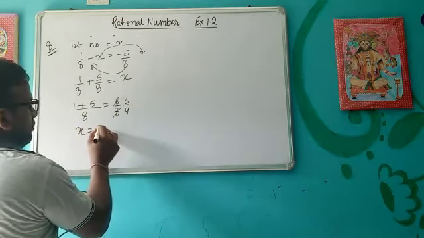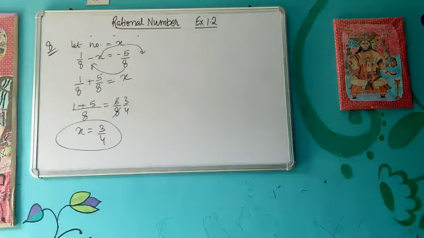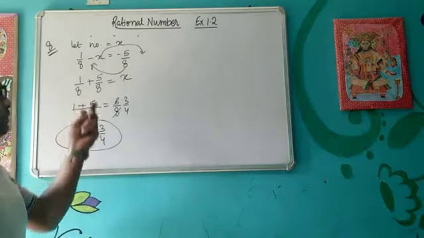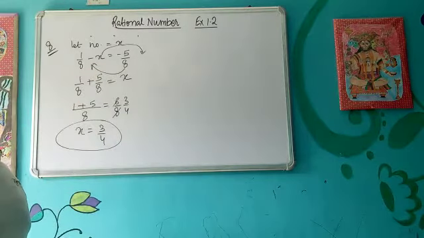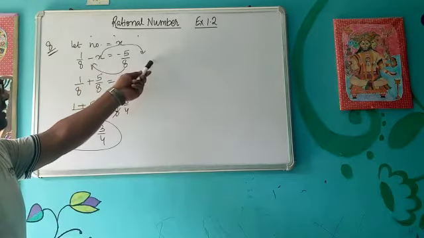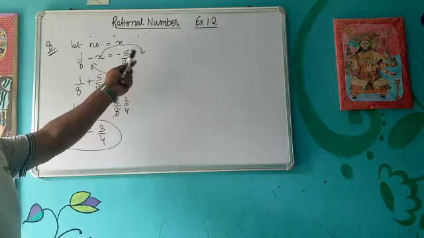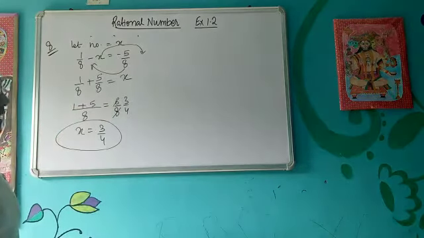So what is x equal to? 3 upon 4. So this number must be subtracted from 1 by 8 so that your result is minus 5 by 8. Form the equation, then transfer the variable here to make it into the plus sign. Transfer this constant value here, and solve it, and you will get the answer.